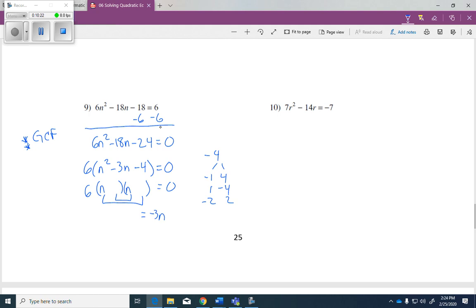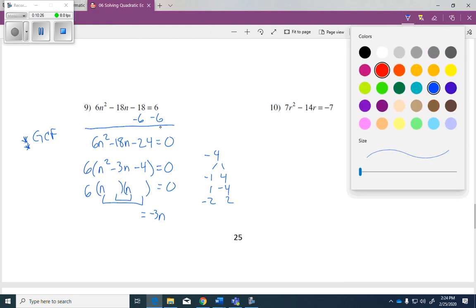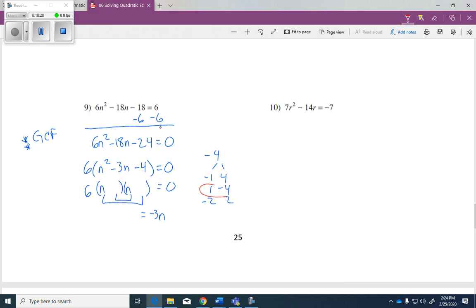Any clue about which factors would work? Again, hopefully you're starting to see ahead like I can, and I notice that plus 1 and minus 4 would work. If I check my outers, I get a negative 4n. When I check my inners, a positive 1n, and those do combine to be a negative 3n.